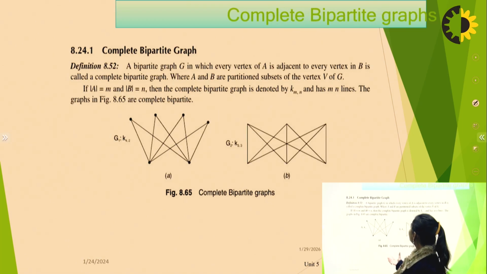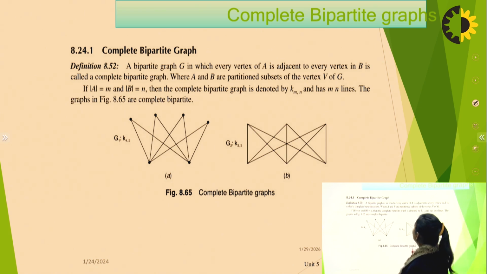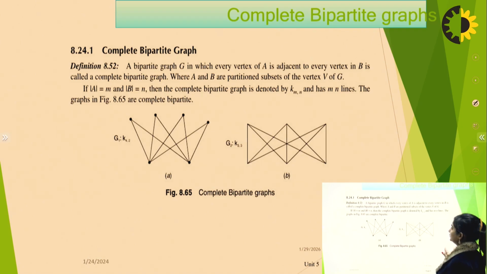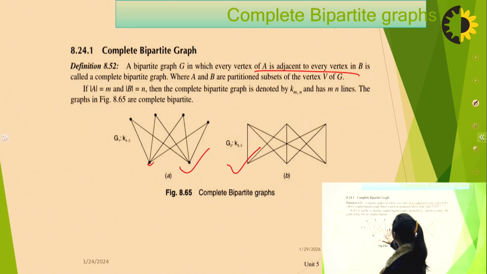Okay, complete bipartite graph. A bipartite graph G in which every vertex of A is adjacent to every vertex in B is called a complete bipartite graph where A and B are partition subsets of the vertex V of G. So, you can see here, if I show you, this is a complete. Why? Because every vertex of A is adjacent to every vertex of B, right?